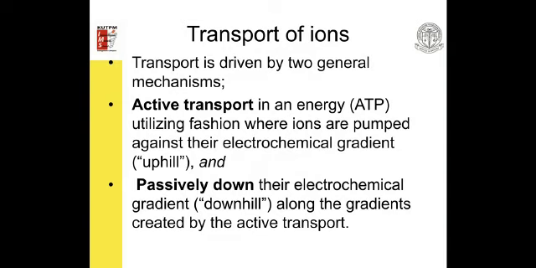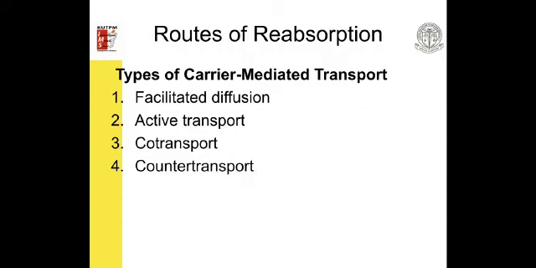The transport of ions is driven by two general mechanisms: active transport, which is energy dependent and utilizes ATP, whereby ions are pumped against the electrochemical gradient, uphill, or passively through the electrochemical gradient, which is downhill along the gradient created by active transport.